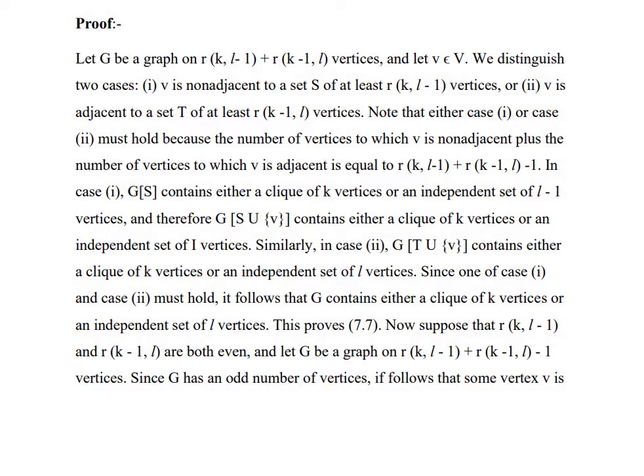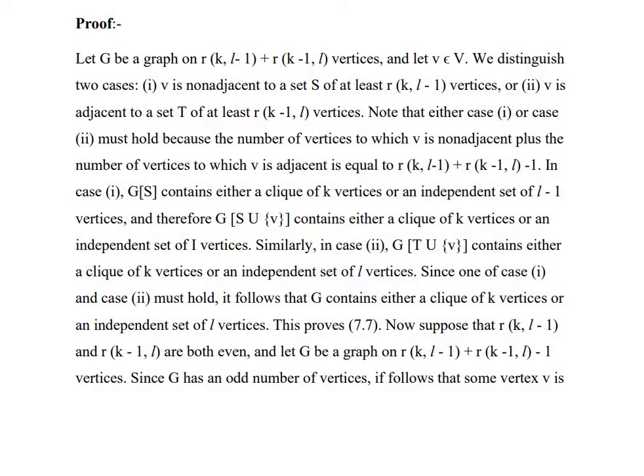Similarly, in case 2, G of T union V contains either a clique of k vertices or an independent set of l vertices. Since one of case 1 and case 2 must hold, it follows that the graph G contains either a clique of k vertices or an independent set of l vertices.